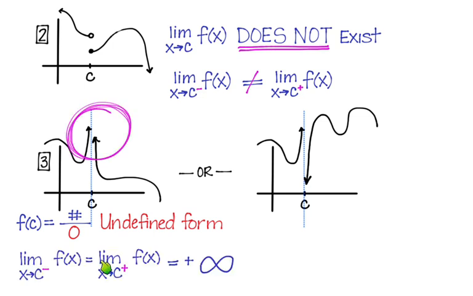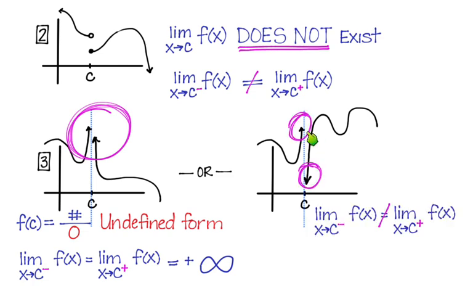When you get undefined like this, if both the left and the right go in the same direction, either up or down, in this case, from the left it's going up, and from the right it's going up, and so the limit is positive infinity because they're both pointing in the same direction. In this last one, on the left it's going up, but on the right it's going down, meaning the limit doesn't exist at all.